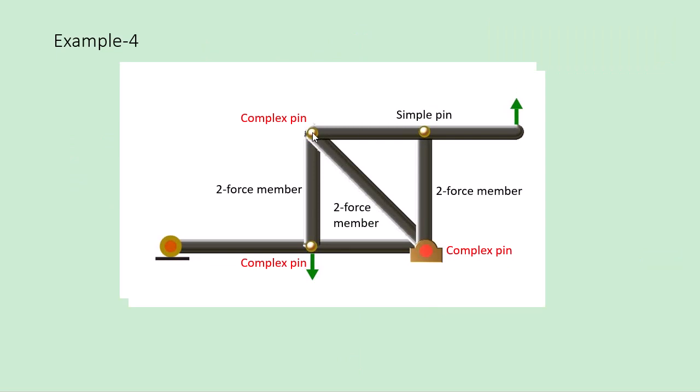Three complex pins here, three members meet. Another complex pin, two members and a force. Another complex pin, three members and the wall. So we are going to draw free body diagrams of this pin, and this pin.